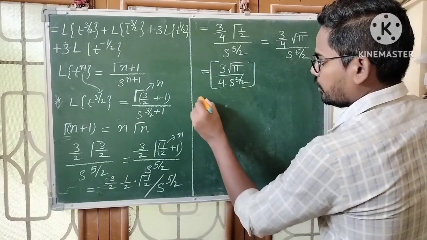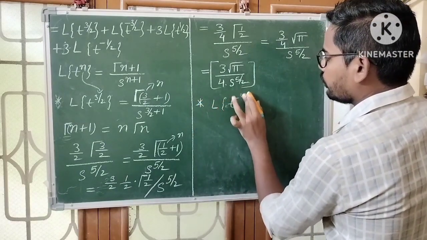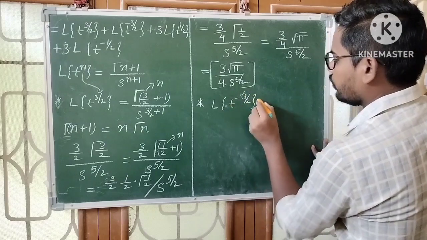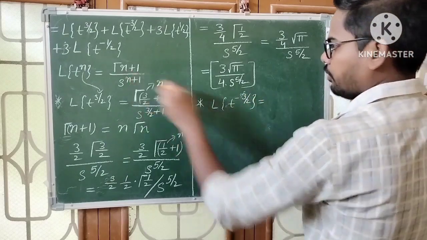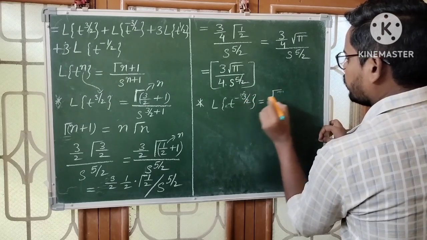Next we need Laplace transform of t power minus 3 by 2. So same formula, gamma n plus 1. So here n is equal to minus 3 by 2.